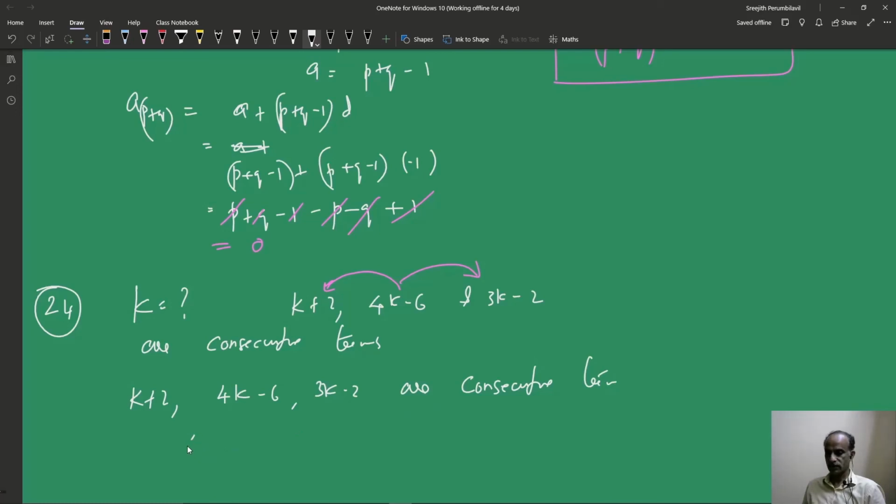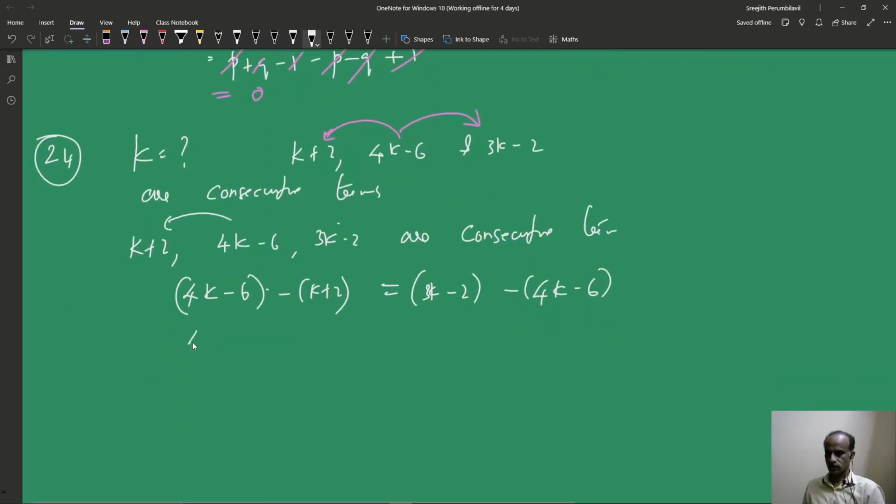Consecutive terms of an AP. Therefore, their difference will be common. 4k minus 6, this term minus the preceding term, will be equal to this term minus the preceding term: 3k minus 2 minus 4k minus 6.